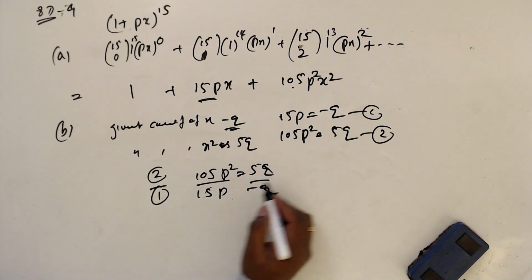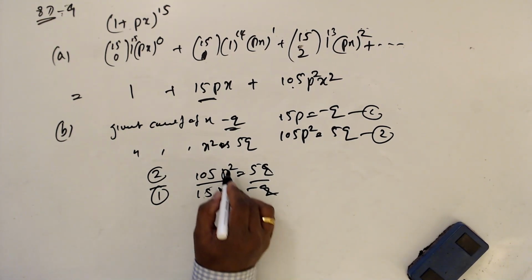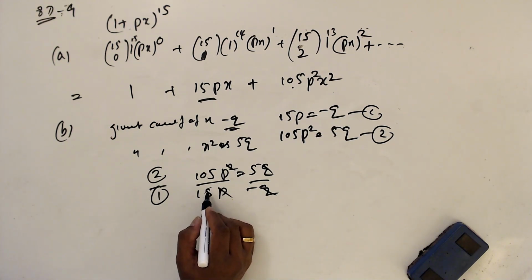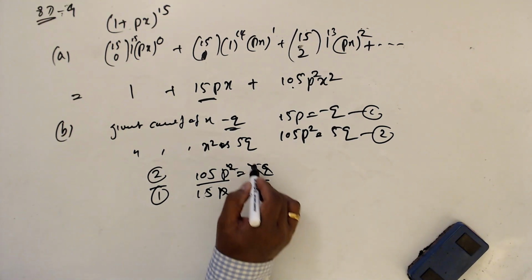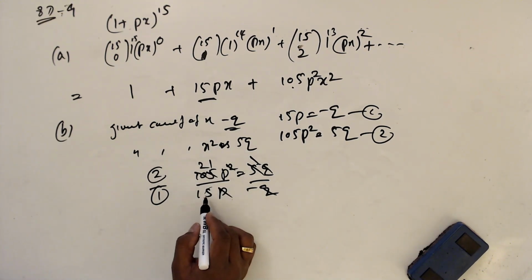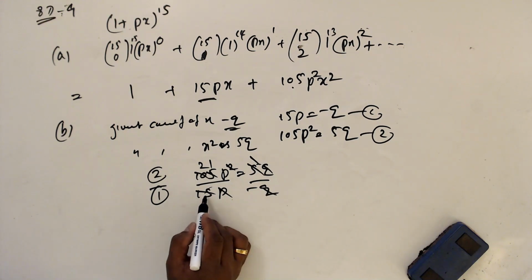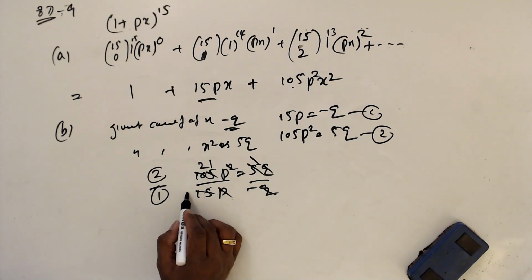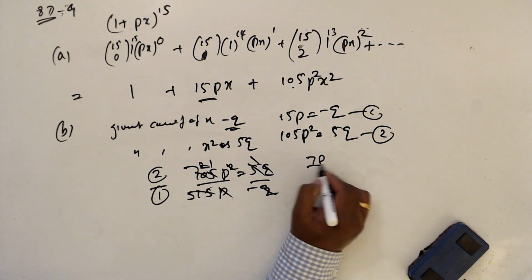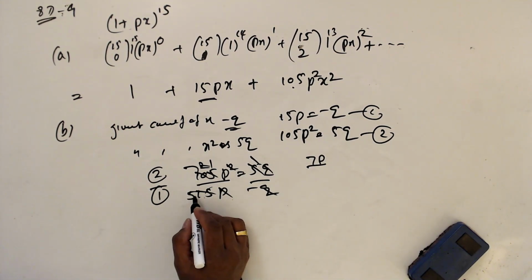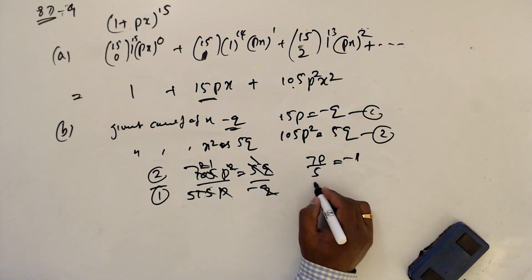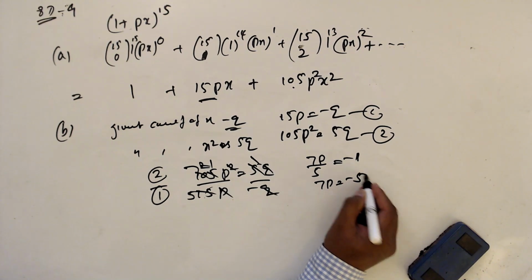q and q cancel out. This is p and one p cancel out. 15 times this is 5, so I'll cancel out 1, and this is 21, and this is going to be 3 times 5, 3 times 7. It means 7p over 5 equals minus 1. 7p equals minus 5.